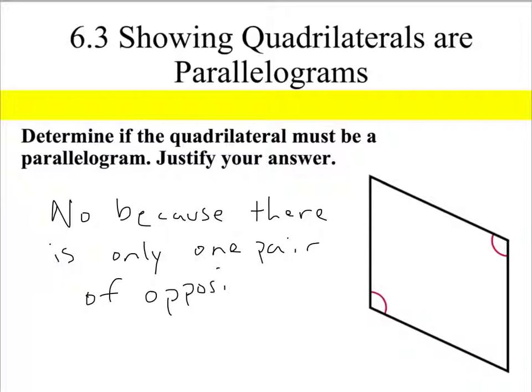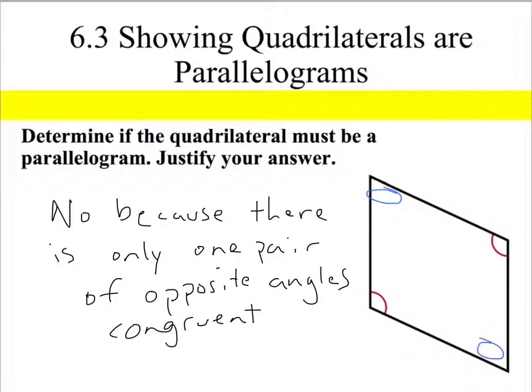You need both pairs. What's the other theorem that we could know about parallelograms? We also could have said that these two would be supplementary to one of the consecutive angles. So that's one of the other ways.